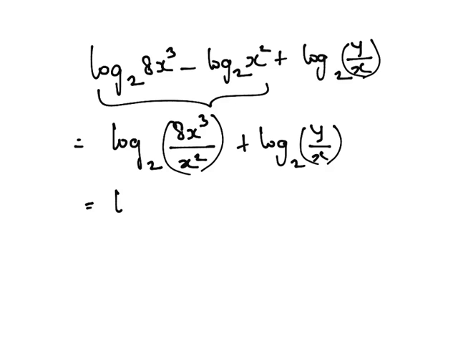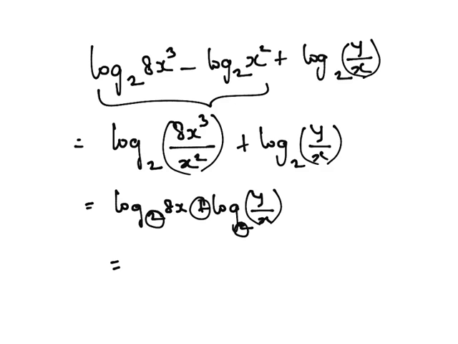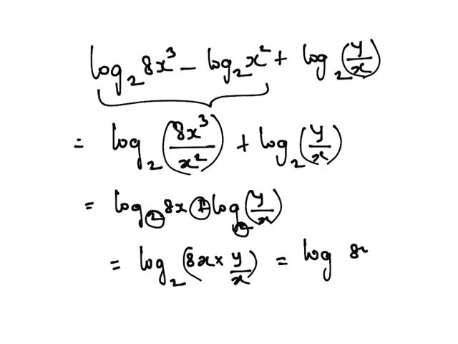So I can write it as log of 8x to the base 2, because x cubed by x squared you cancel, plus log of y by x to the base 2. Now I can use the product rule. So two logarithms with the same base and addition in between, plus sign in between. So log of 8x into y by x to the base 2. So basically you will get log of 8y to the base 2 as the answer.